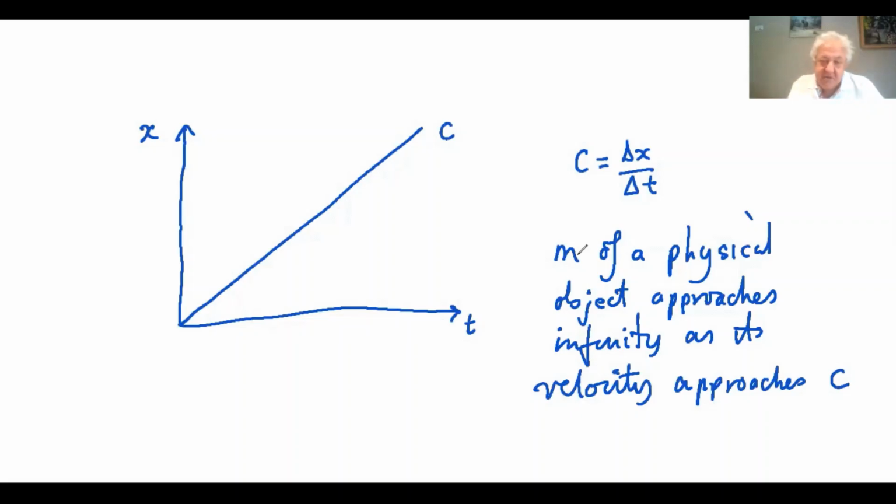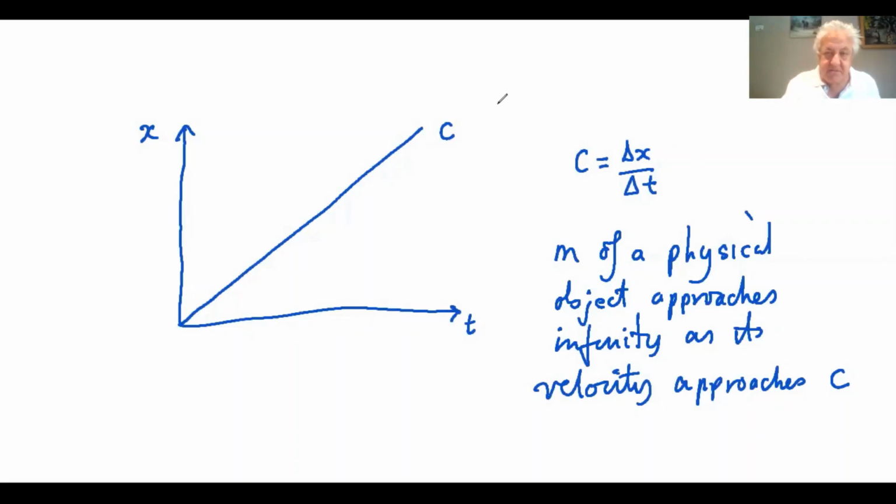So it is impossible for a physical object to travel at the speed of light. Light itself can travel at the speed of light, and certain massless particles can also travel at the speed of light, but no physical object can.